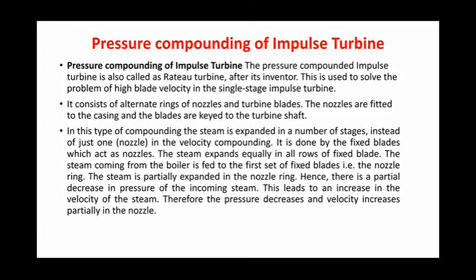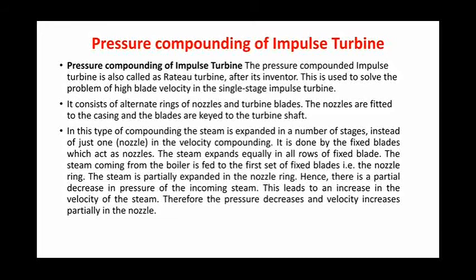In this type of compounding, the steam is expanded in a number of stages instead of just one nozzle. In the velocity compounding, it is done by fixed blade which acts as nozzle. The steam expands equally in the row of fixed blade.